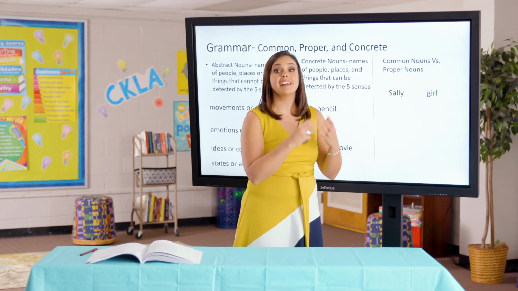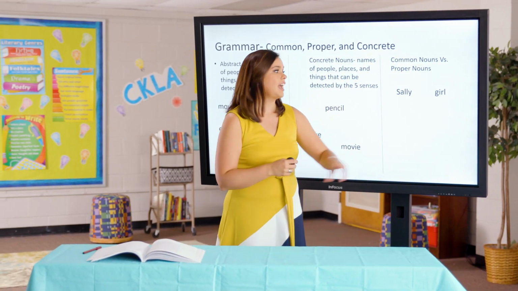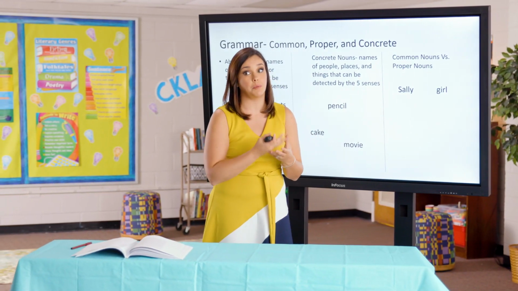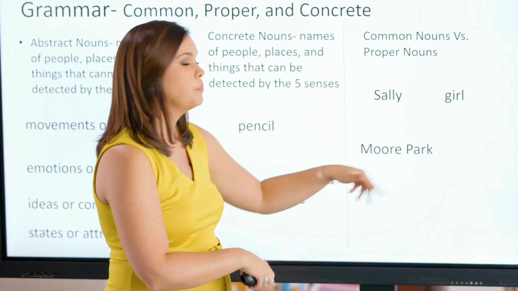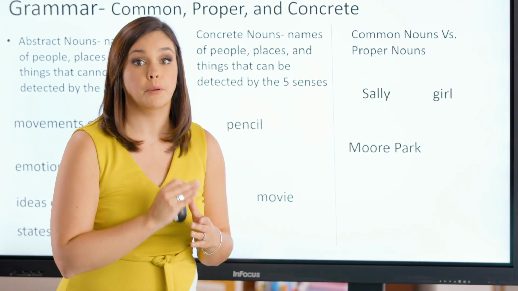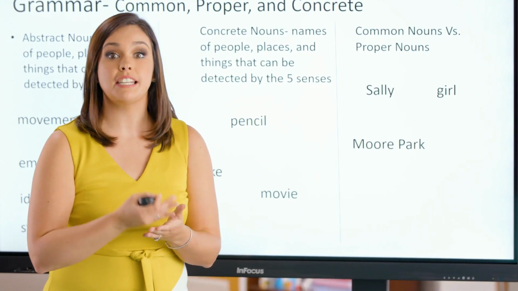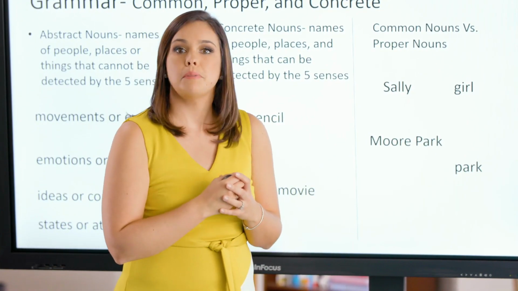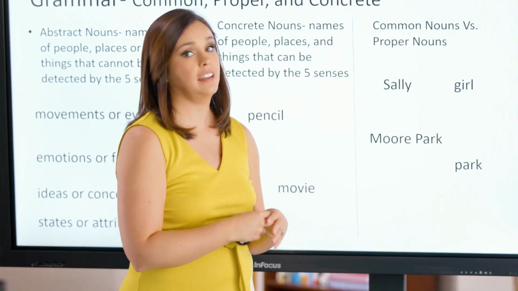But girl is a common noun. It's general. And notice how it's not capitalized because it's not naming a specific person. Moore Park is an example of a proper noun. This is naming a specific place. But park is a common noun because it's general. And notice again how it's not capitalized.